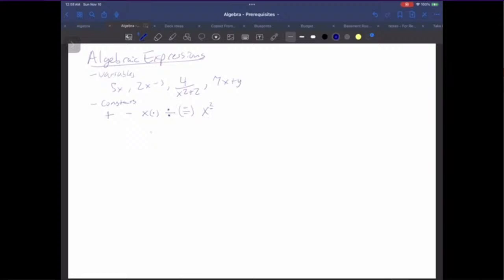The terms of an algebraic expression are those parts that are separated by addition. For example, x squared minus 5x plus 8 is the same thing as x squared plus a negative 5x plus 8, and the terms of this expression are 3 of them: x squared, negative 5x, and 8.